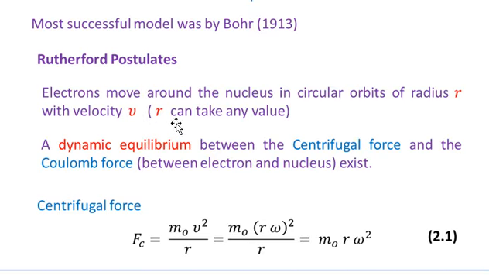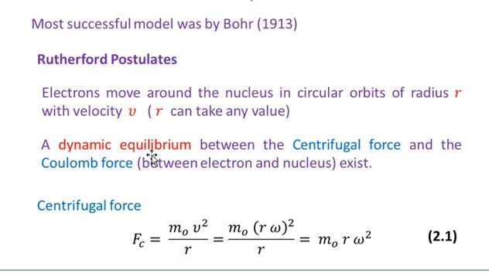When the electron changes its orbit, the radius r is a continuous parameter. So when the electron in a hydrogen atom changes its position, r will change continuously. That is, any value of r will be possible.